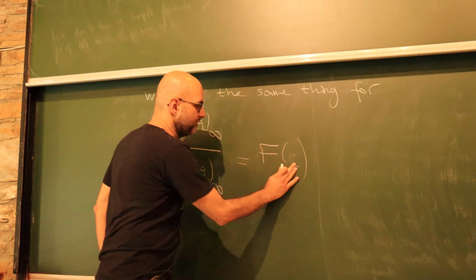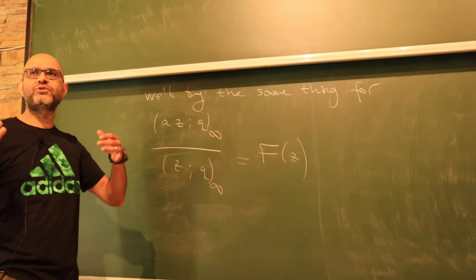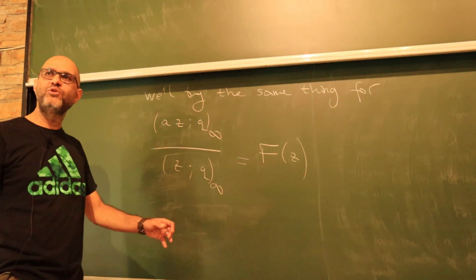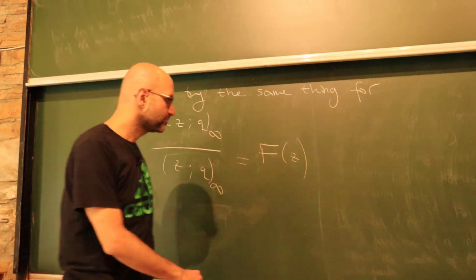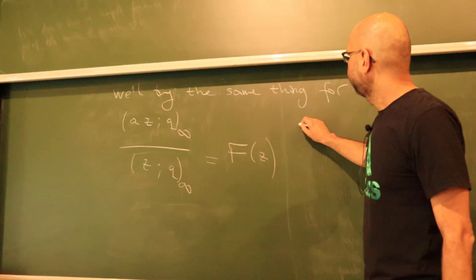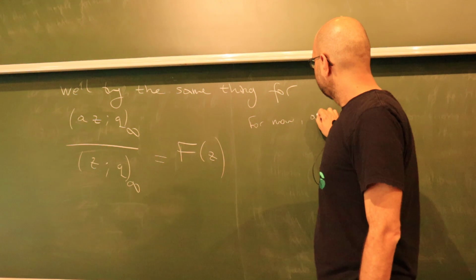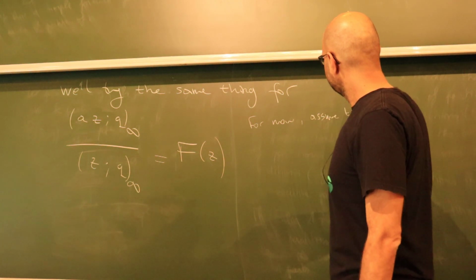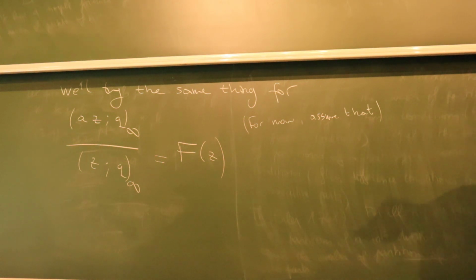So call it big F of z. I'm not going to write q because q is going to be everywhere. Know that q is there, even if we don't write it. So once again, for now, assume that this is an analytic function.